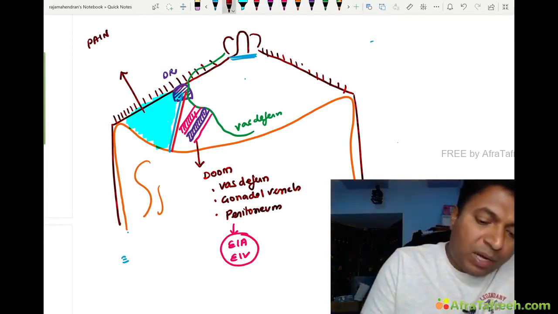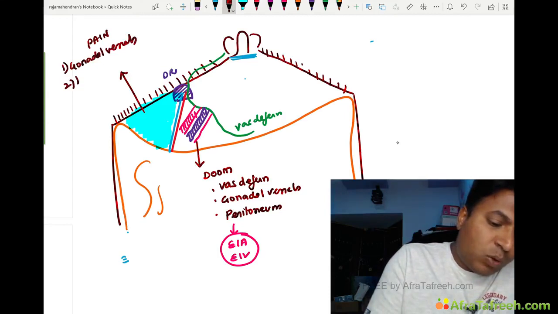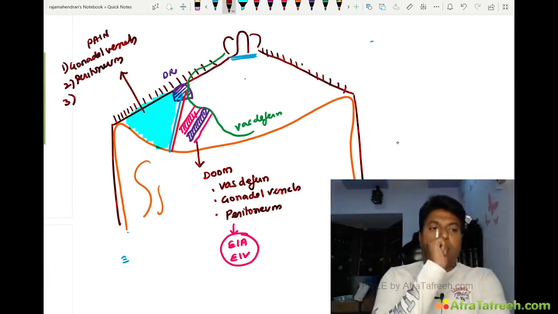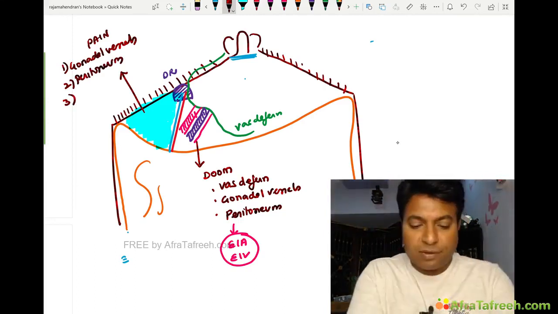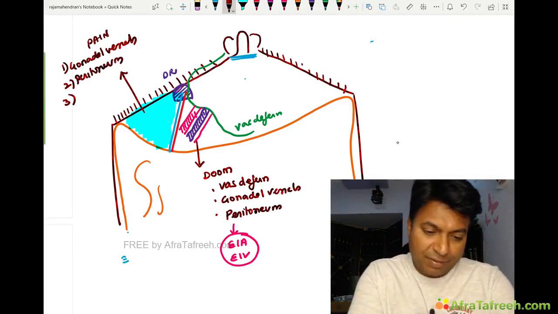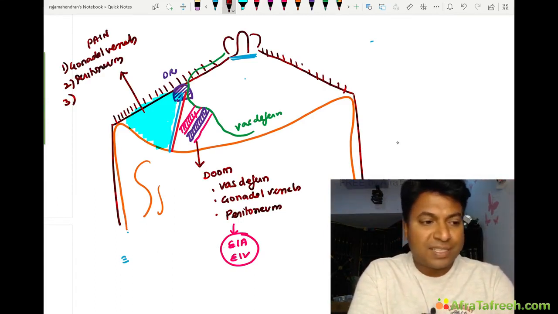Triangle of pain is bounded by gonadal vessels, peritoneum. What is the third boundary? Can anybody tell me what the third boundary is? It is not the femoral artery, Jack Frost. It is the external iliac artery and external iliac vein. The femoral artery comes only after the inguinal ligament, no? So it is known as iliac vessels.